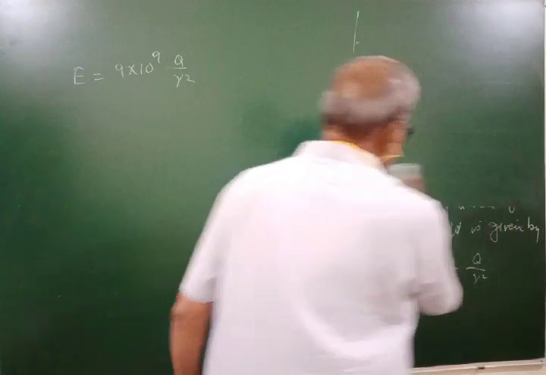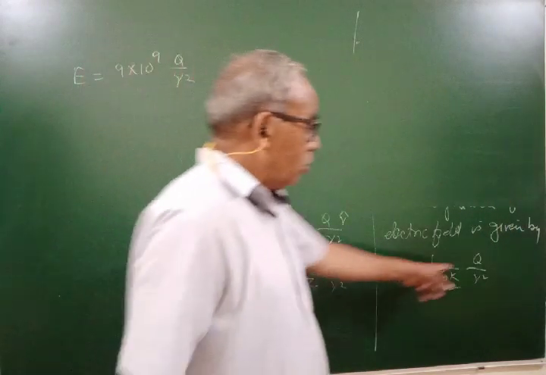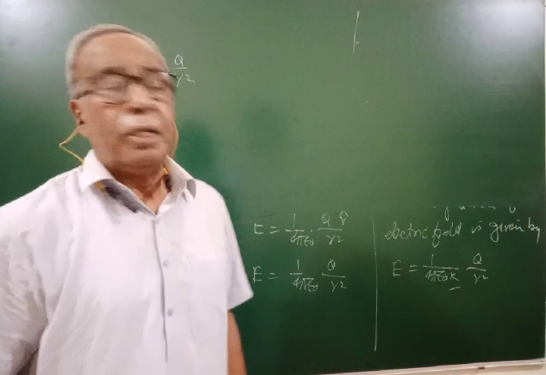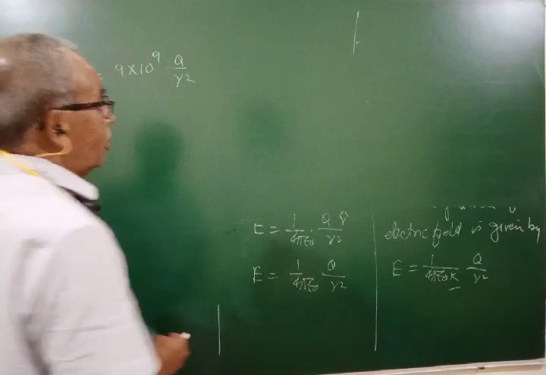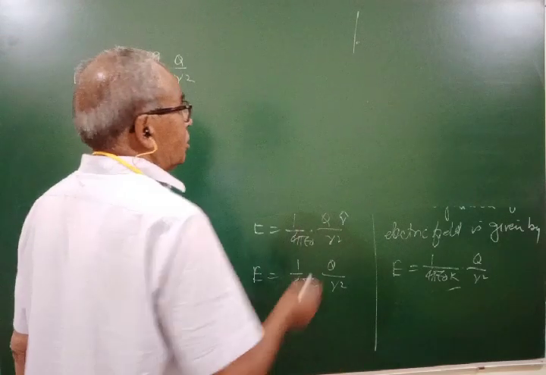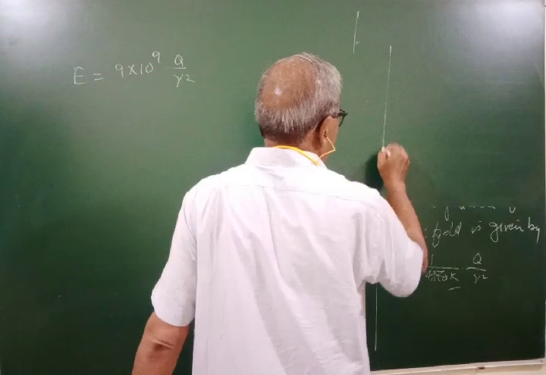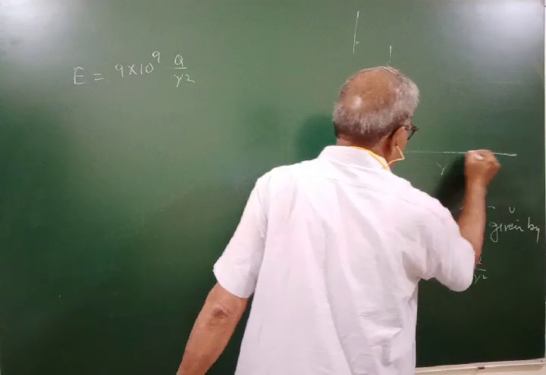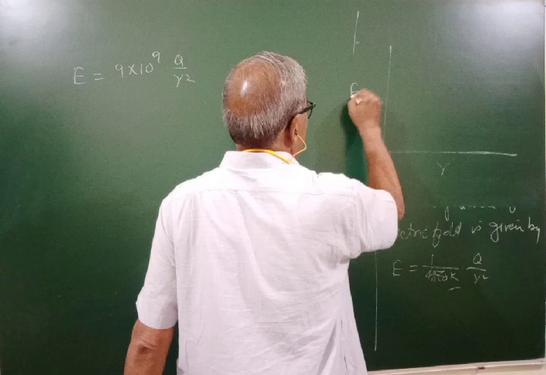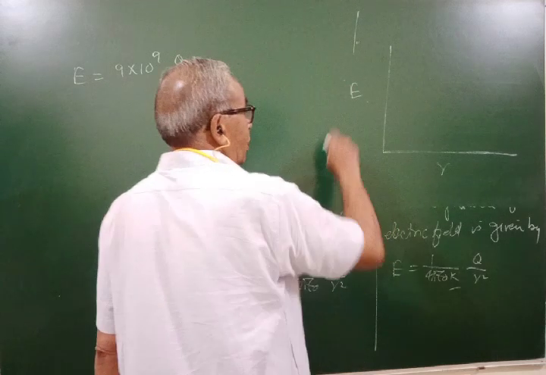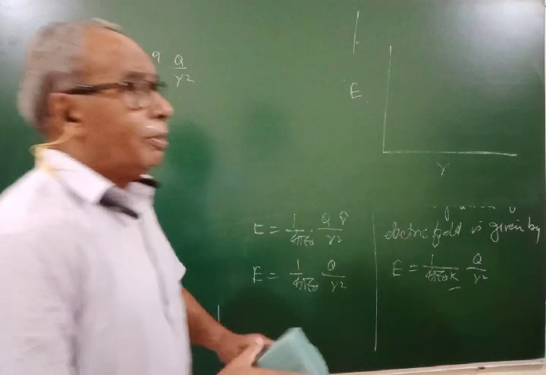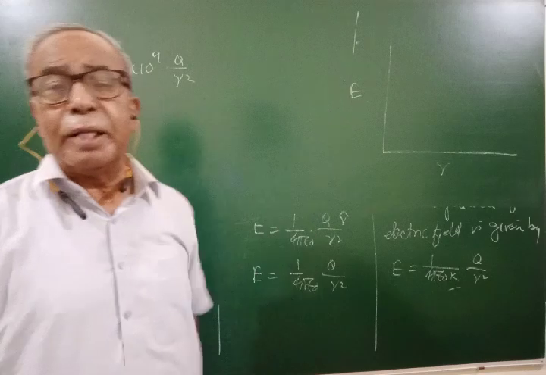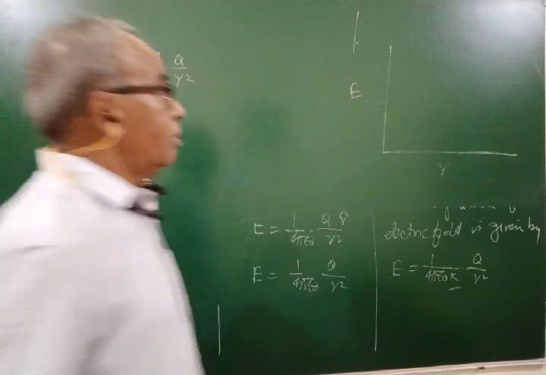So the electric field is inversely proportional to the square of distance. It will decrease as the distance from the point charge increases. So if we plot a graph between E and r, with r on this side and E on this side, E is without arrow, so I am writing the magnitude of electric field.